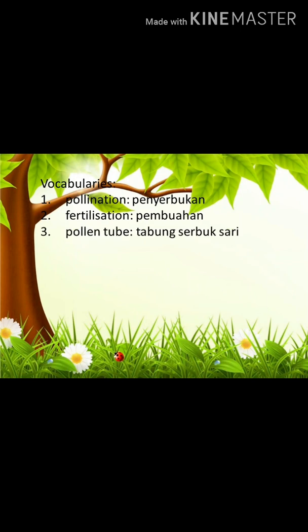Vocabularies. Pollination, penyerbukan. Fertilisation, pembuahan. Pollen tube, tabung serbuk sari. Stamen, alat kelamin jantan pada bunga.